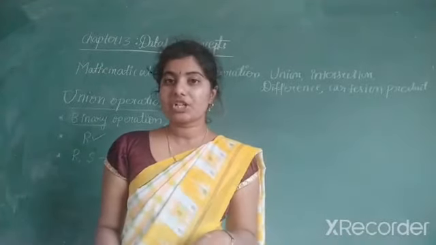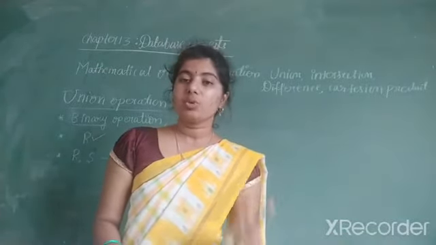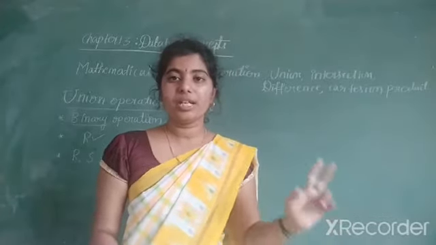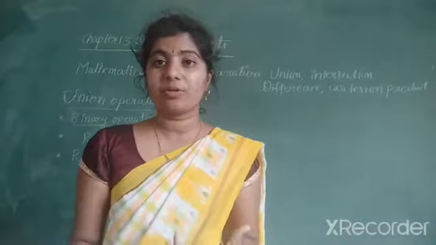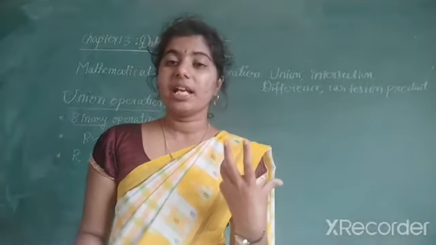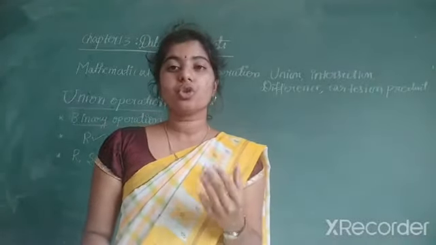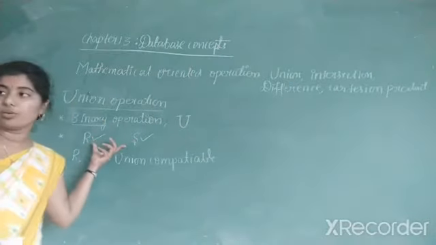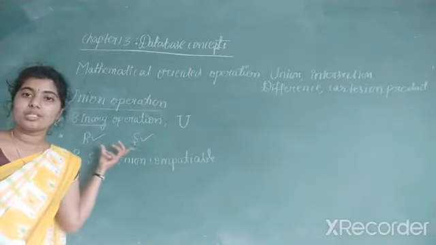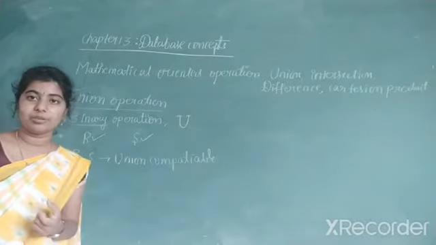Means those relations should obey the rules or the factors of the union operation. There are some factors and rules, and the taken relations must be compatible with those rules.